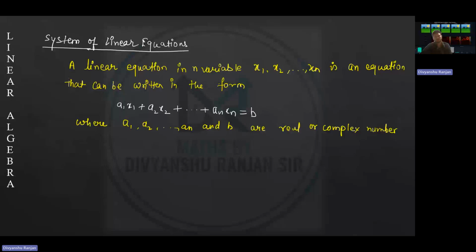The essential feature is that each variable appears to the first power. For example, x squared or sin x are not considered here. Only variables and coefficients are taken. So these are some essential features.